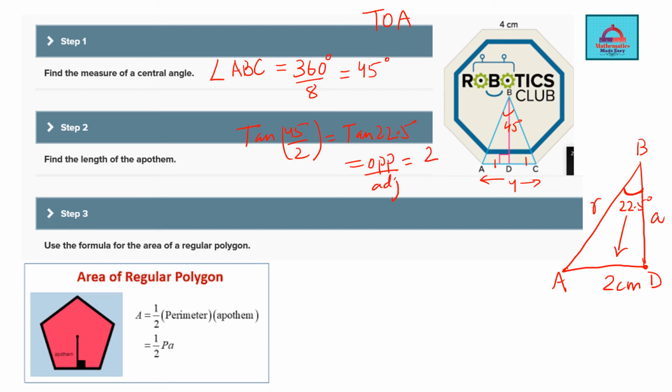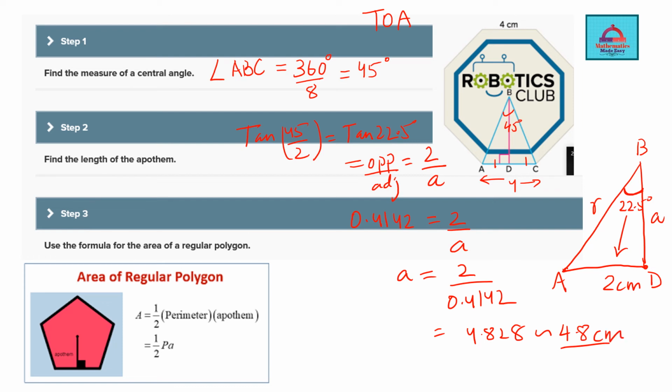Opposite is 2, adjacent is the apothem a. Now use your calculator. Tan 22.5 is 0.4142, which is equal to 2 divided by a. So your apothem will be 2 divided by this, which is 4.828. Let's round it off to one decimal place, so we'll take 4.8 centimeters.